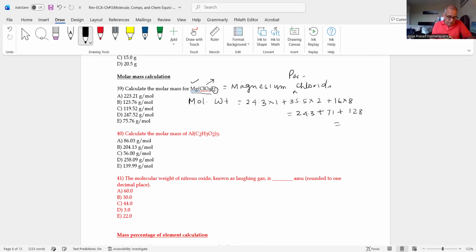If you add all of them, it is 223.3. So this is called the molecular weight.